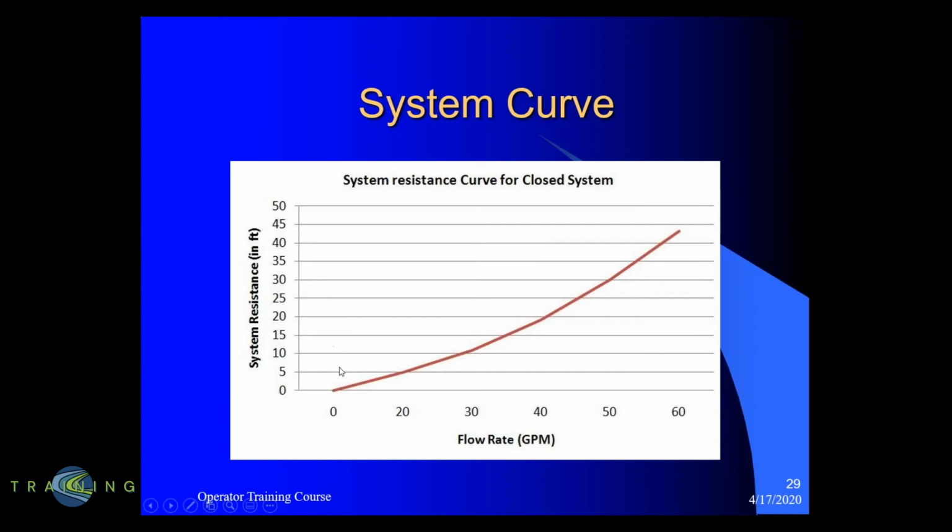So every system that we look at, as we plot flow versus head, or in this case resistance, which is our dynamic head, we're going to get a curve that starts bending upwards, because eventually we're not going to be able to push any more flow through that pipeline. So it's going to get very vertical at some point.